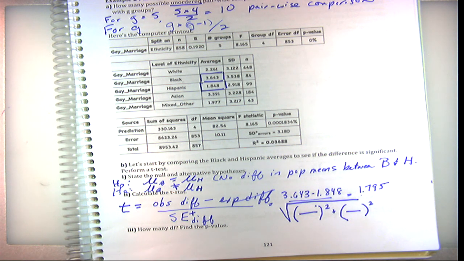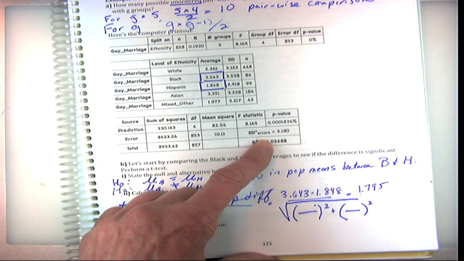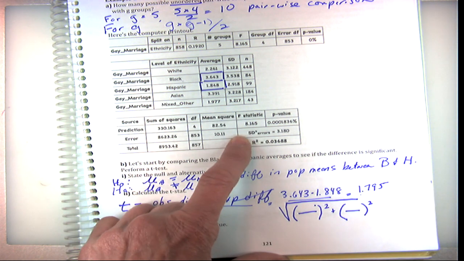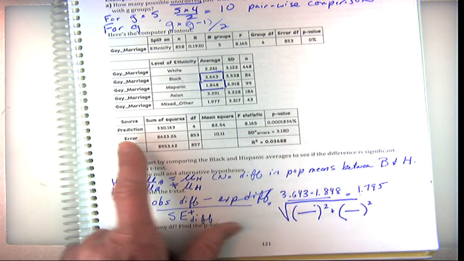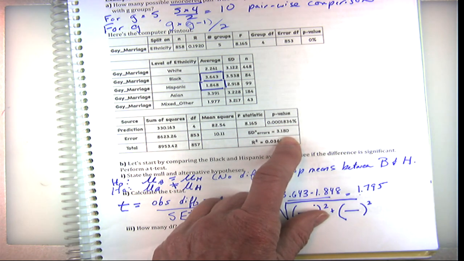And we're actually going to use not the SDs of our sample, but the standard deviation of the spread of all the observations. Why?